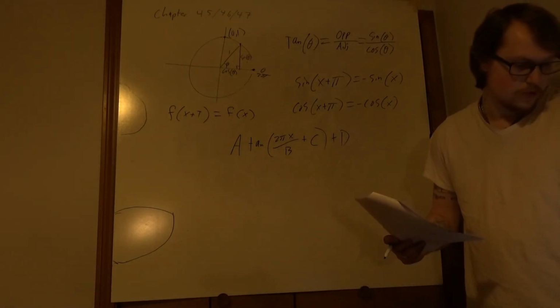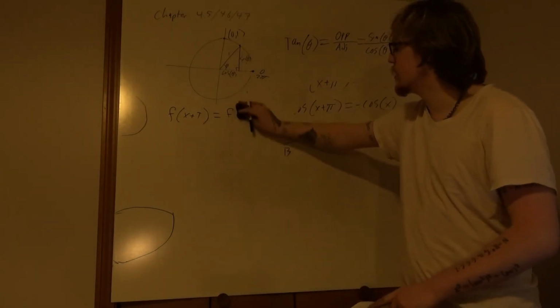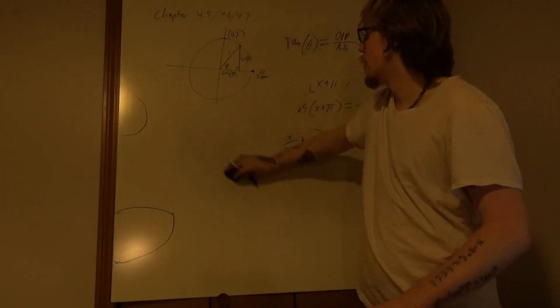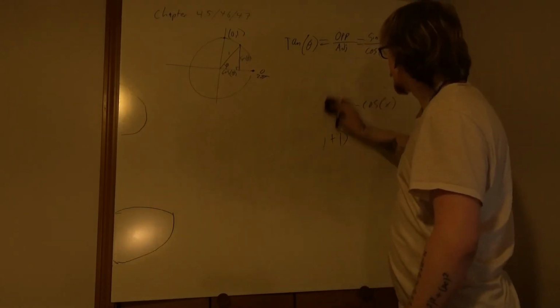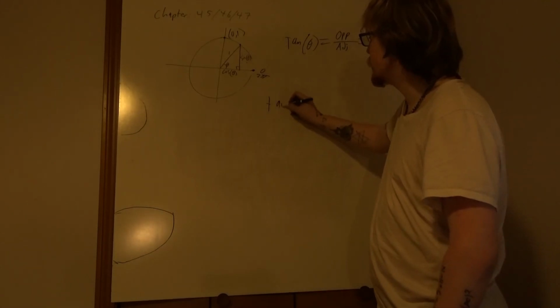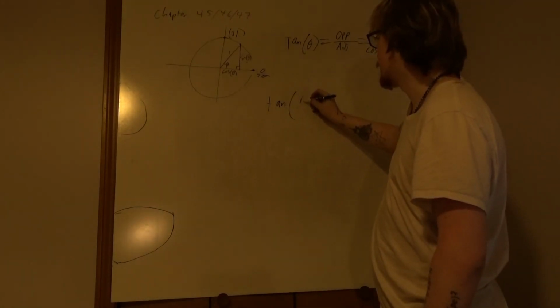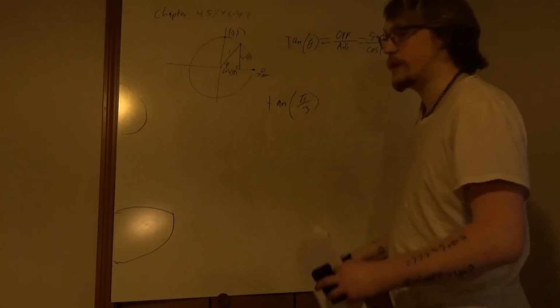Skip forward on my notes. All right, so let's do a little example just to illustrate why we teach everything in terms of sine and cosine first before doing tangent. So what is the tangent of, what should I do, pi over 3?